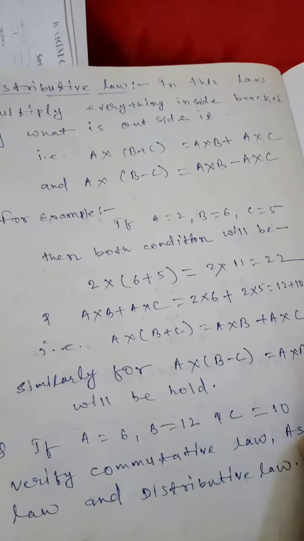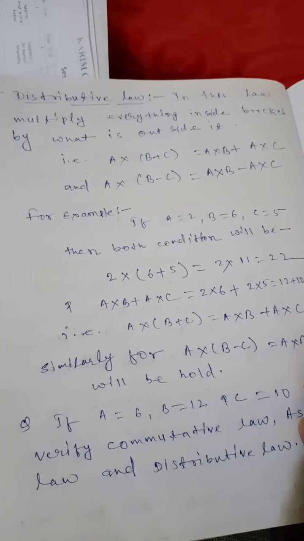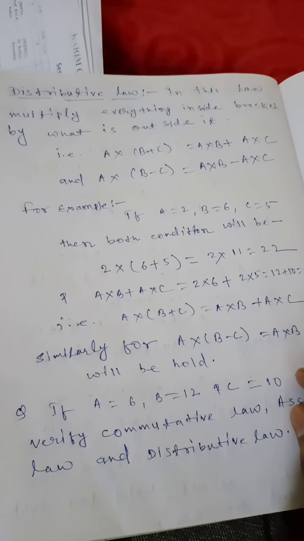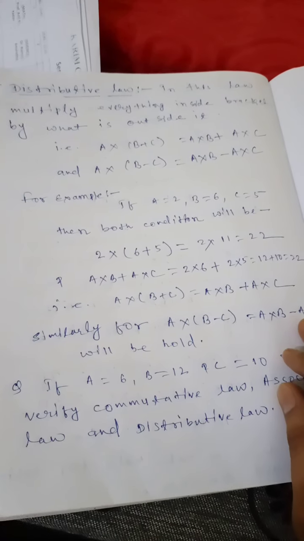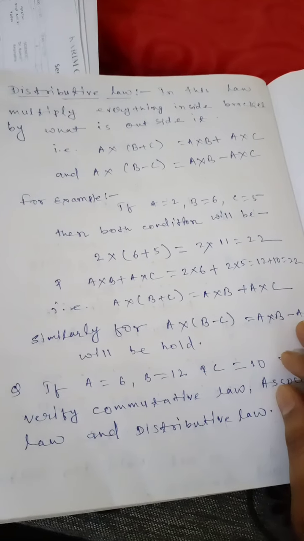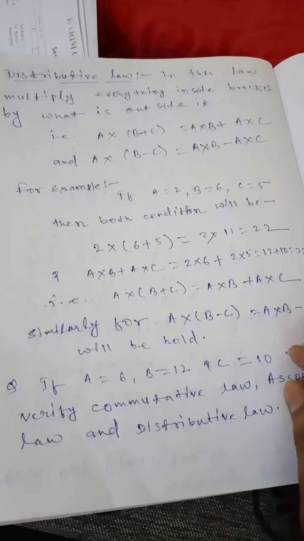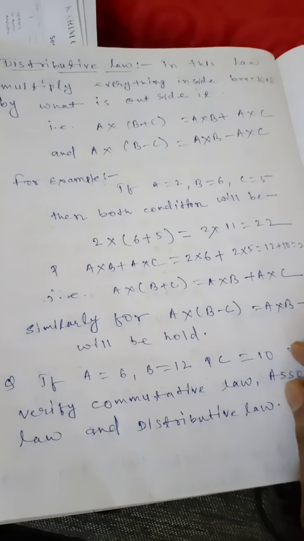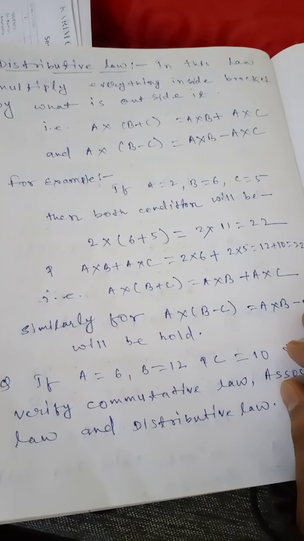Next, distributive law. In this law, we multiply everything inside the bracket by what is outside it. Distributive means distribution. Distribution of what?